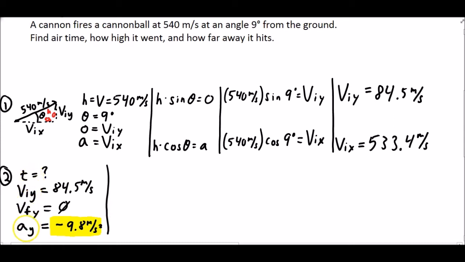So now with the variables that we do have, this is the equation we're going to use to solve for time. And just to make sure that we are all on the same page here, we're going to add our little y's. Everything is y's. We can't have any x's in there. So VFY is 0.